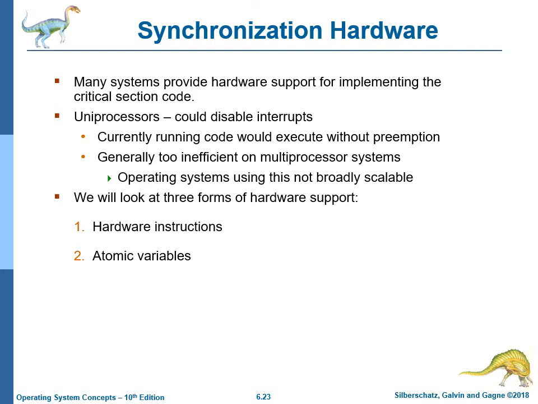So kita tak ada isu kalau kita run critical section apabila we have a single processor or uniprocessor, because kita boleh disable the interrupts while the shared variable sedang dimodified. In this way, we could be sure that the current sequence of instructions will be allowed to execute in order without preemption.